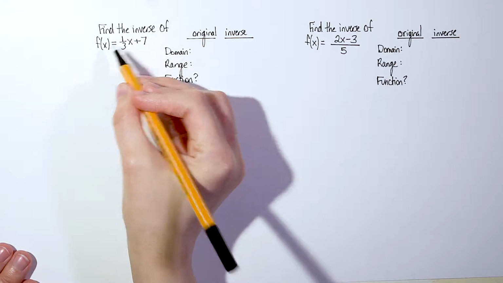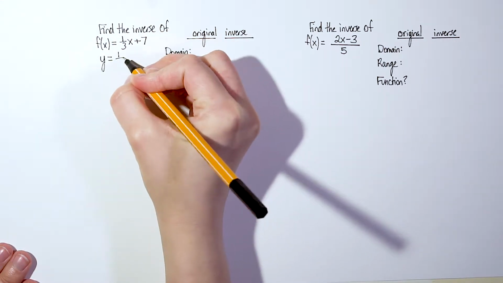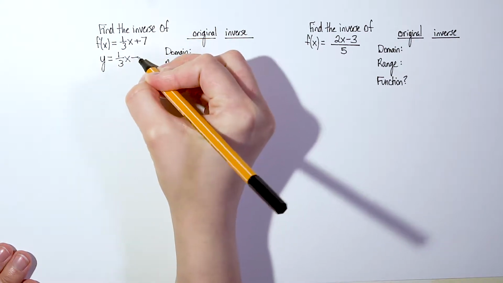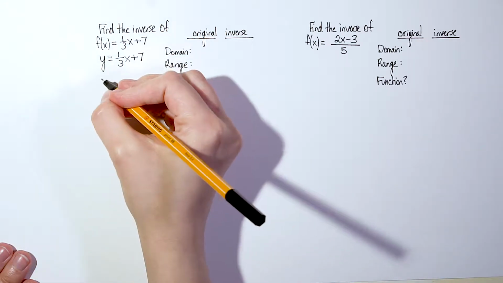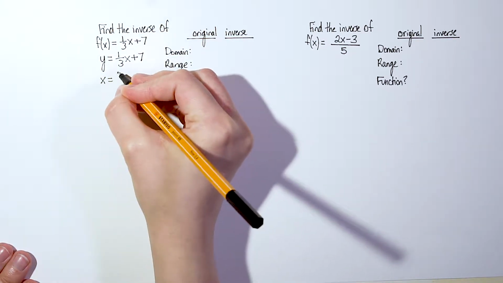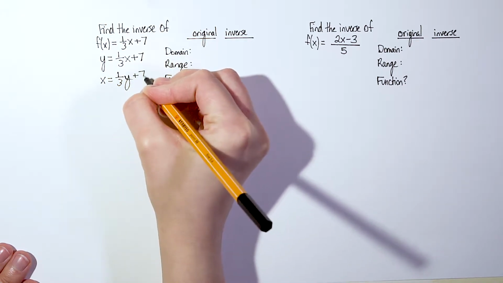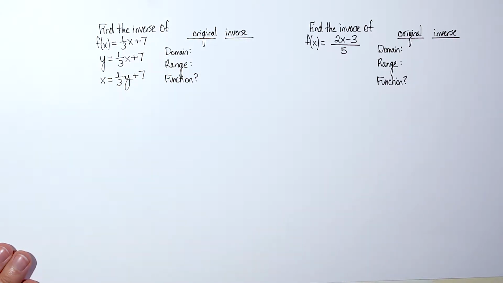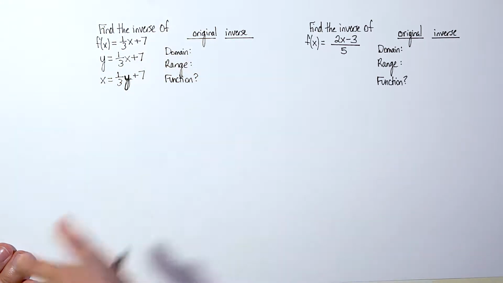Instead of f of x, we're going to write y equals 1/3 x plus 7. And then remember, we want to switch the x and the y. Just switch places. And then we want to solve for y, so I want to isolate my y variable.